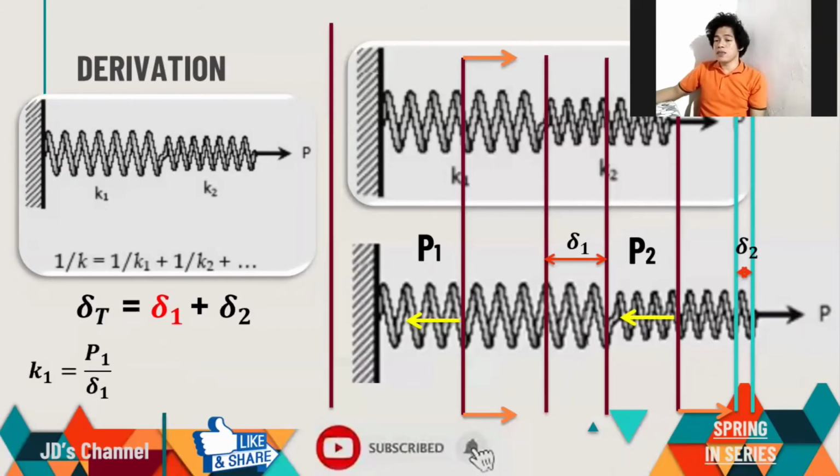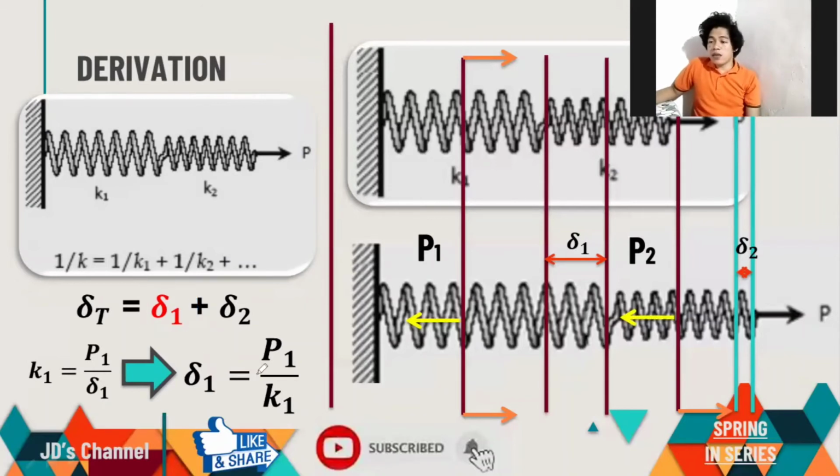So, K is equals to P1 over ng delta 1, which is also equal to, in getting the value of delta 1. Ayan. Para makuha natin yung value ng delta 1, we use yung ating P1 over ng K1.